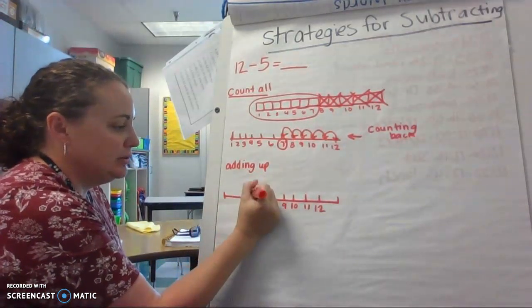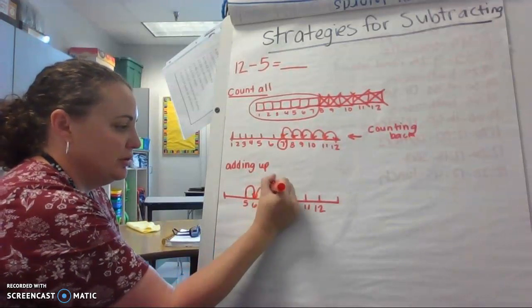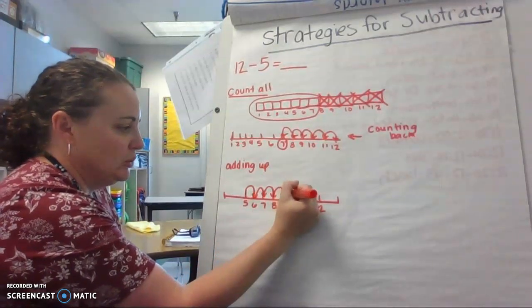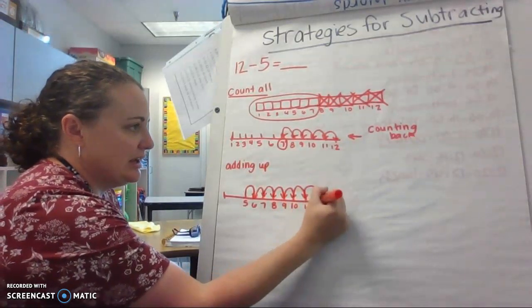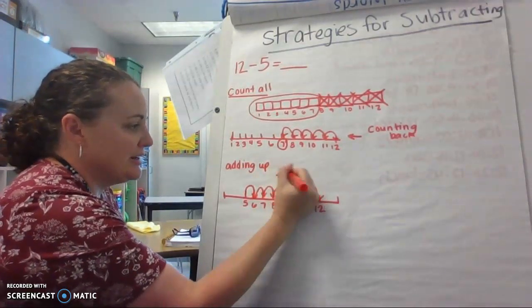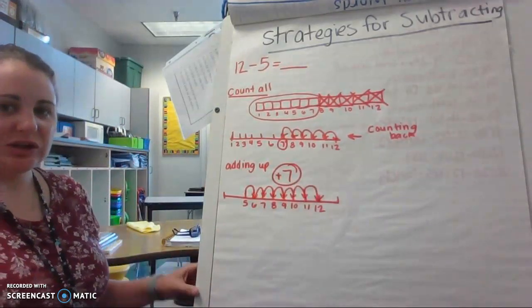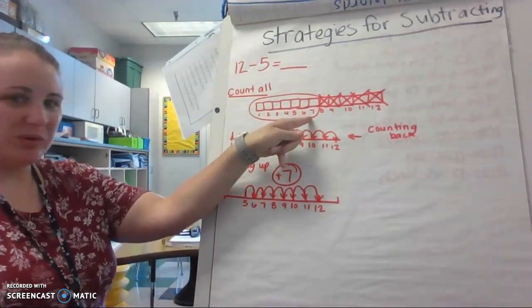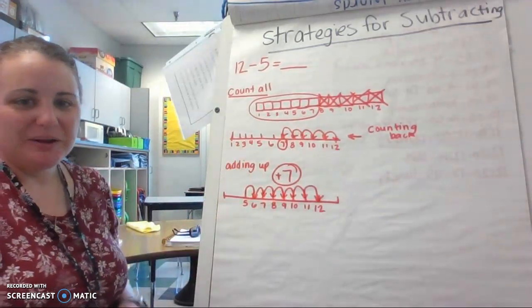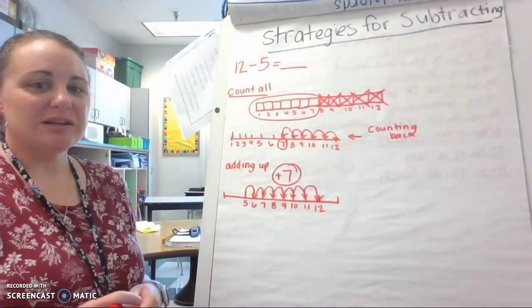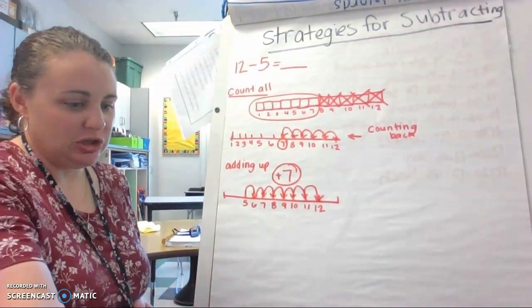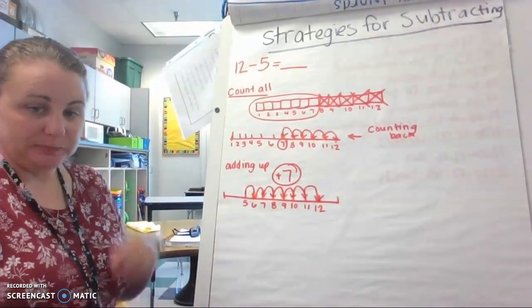Ready? 1, 2, 3, 4, 5, 6, and 7. I added 7. So my answer here would be 7. Isn't that what we've gotten here and here and here? I think it's pretty safe to say that 7 would be our answer. So these are 3 strategies that you can use. I'm going to show you a couple of more.